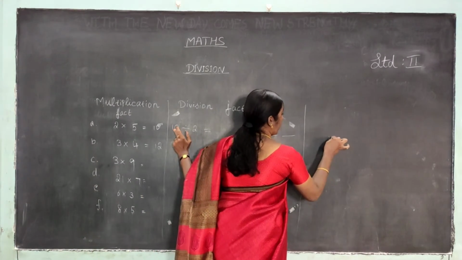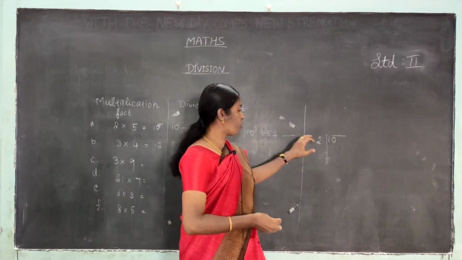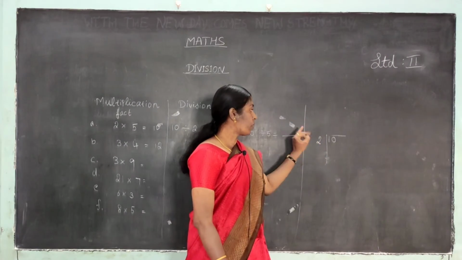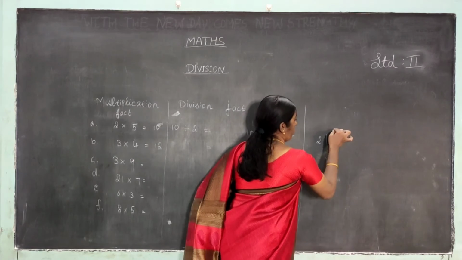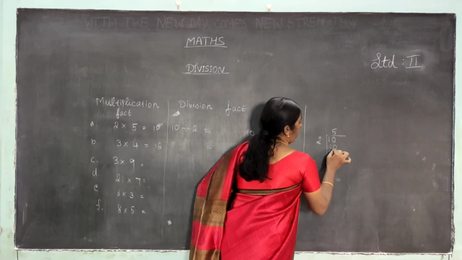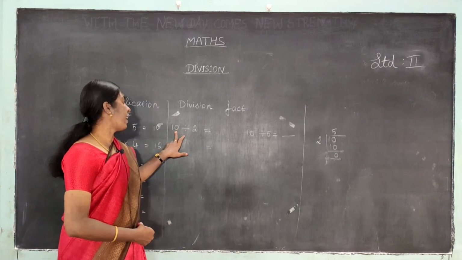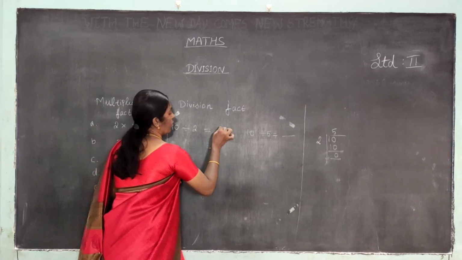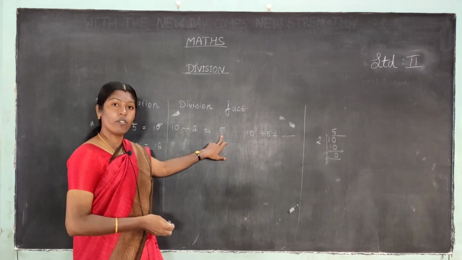Tell the 2 table. 2 1 is 2, 2 2s are 4, 2 3s are 6, 2 4s are 8, 2 5s are 10. And what is the remainder here? 0. So when you divide 10 by 2, what is the quotient here? 5. Okay, that is 10 divided by 2 equal to 5.